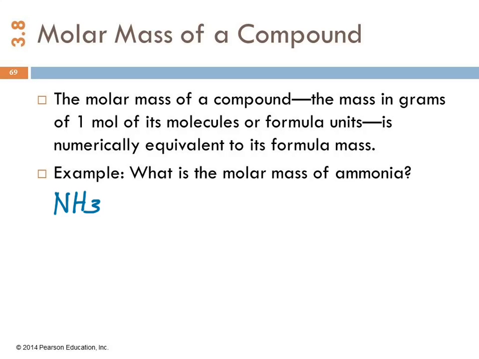So we're talking about 1 mole, Avogadro's number, 6 times 10 to the 23rd molecules. So that's going to have 1 mole of nitrogen. 1 mole of nitrogen would weigh 14.01 grams. And it's going to have 3 moles of hydrogen, 1.008 grams.